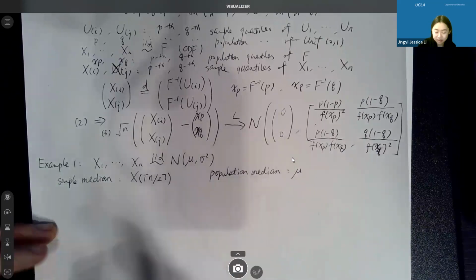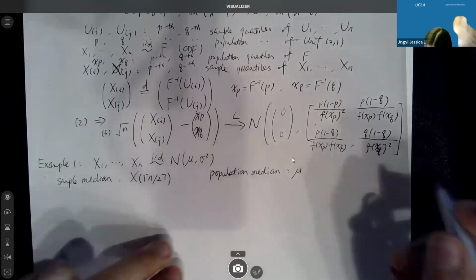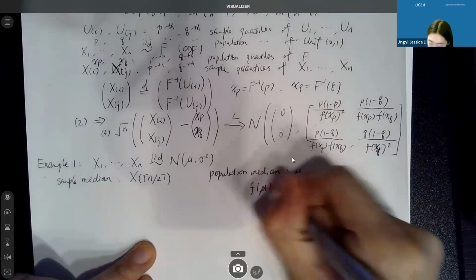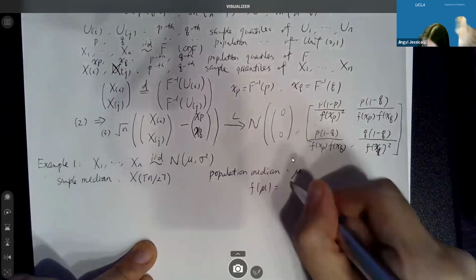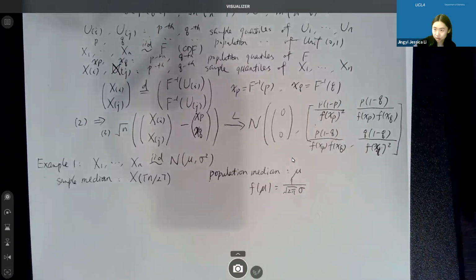So that's where our density has the maximum. And we actually know that f(mu) is simply 1/(√(2π) sigma). The reason is that the exponential term becomes 1, since inside the exponential, the power equals 0. So that's the density left with us.